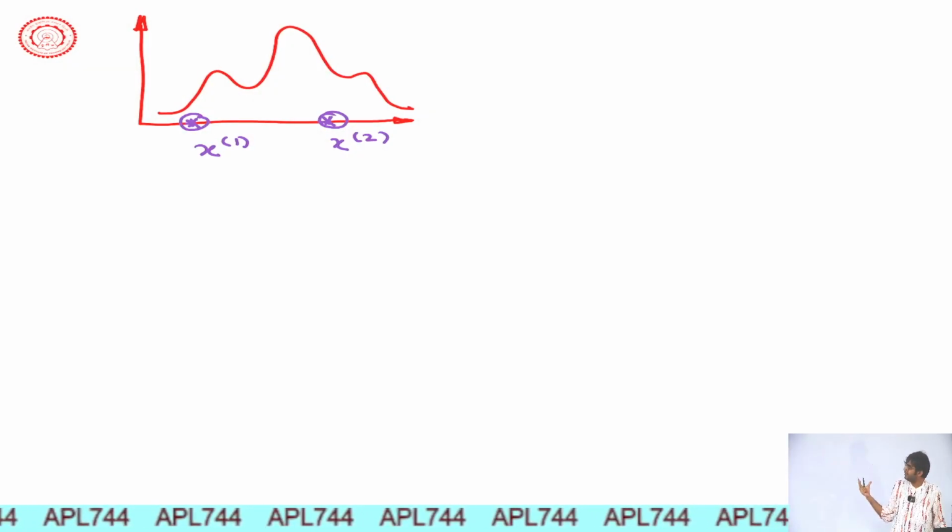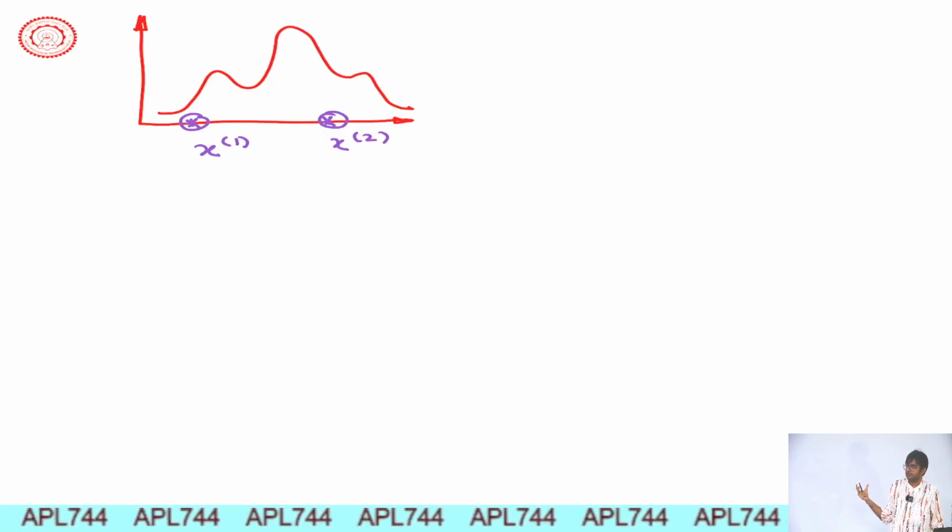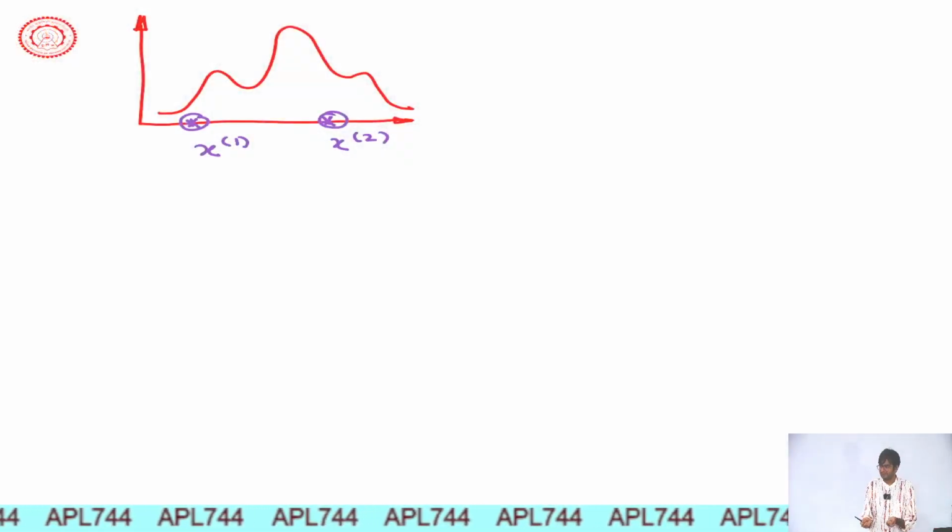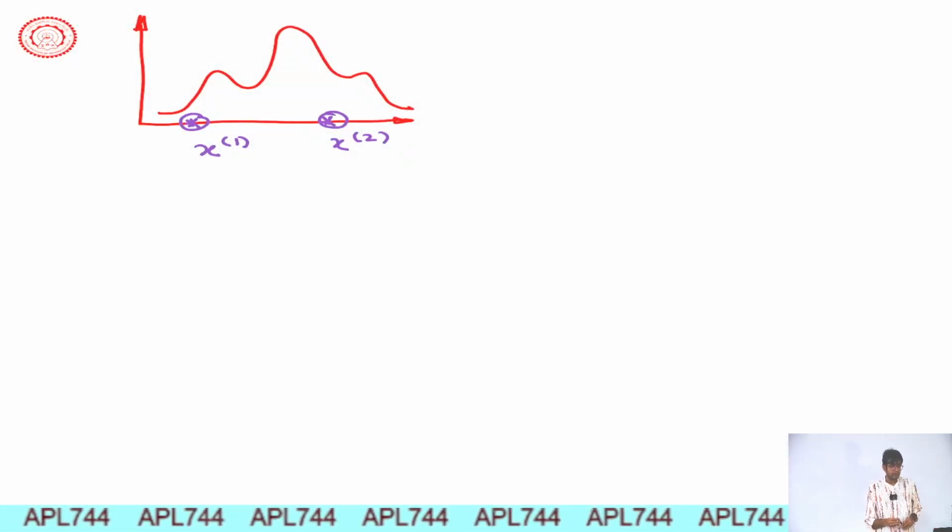Now from this PDF, what can we say about x1 and x2? Yeah, x2 is more likely than x1. The chance of getting x2 is more probable, right? That we know. But suppose I am drawing a sample and by some chance the first sample comes out to be x1. Will my conclusion change about x2 and x1 once I have observed x1? No. If it does not change, then that is known as an independent sample.